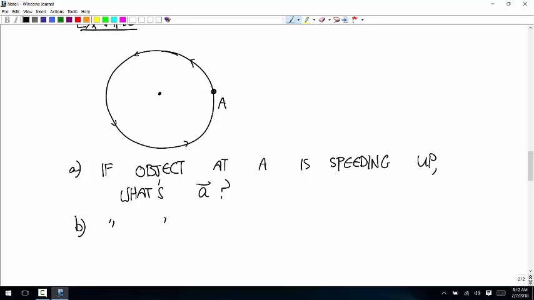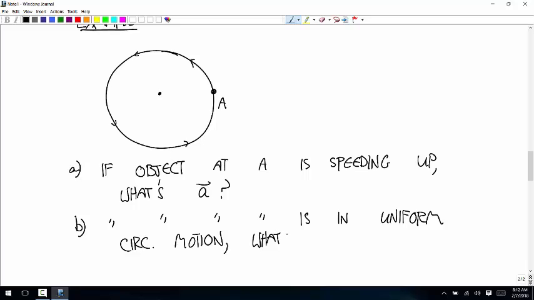And second, if the object at A is in uniform circular motion, what's A? And we're just talking about directions here.